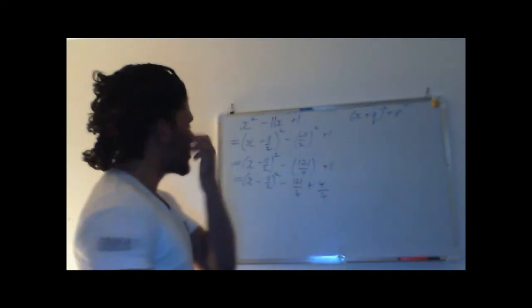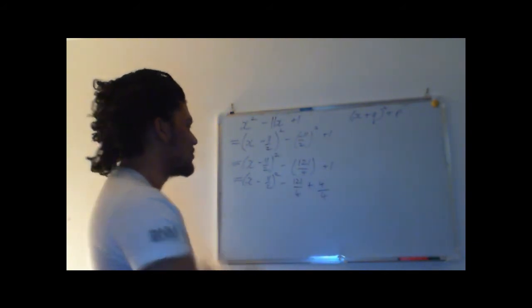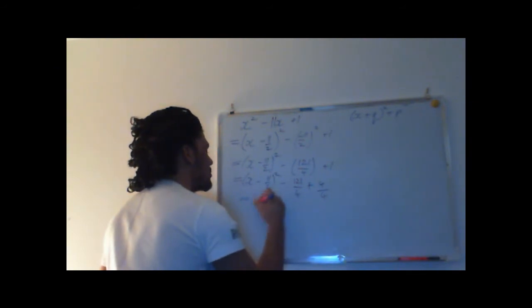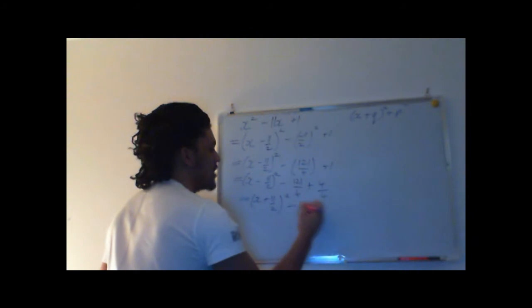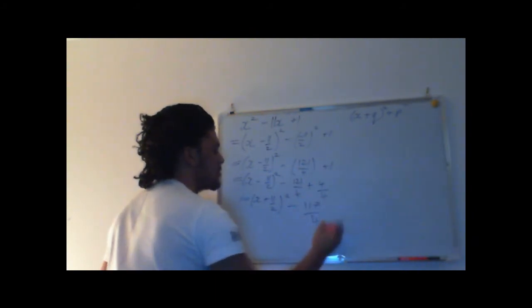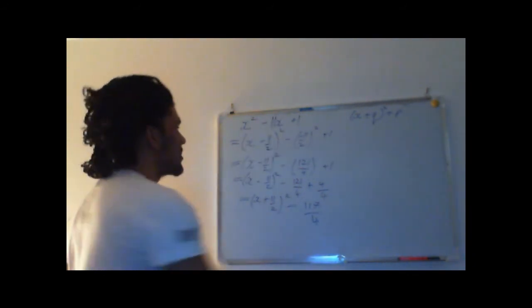So we're just going to add the minus 121 to the 4, which is going to equal x minus 11 over 2 squared minus 117 over 4. Again, both terms can be negative.